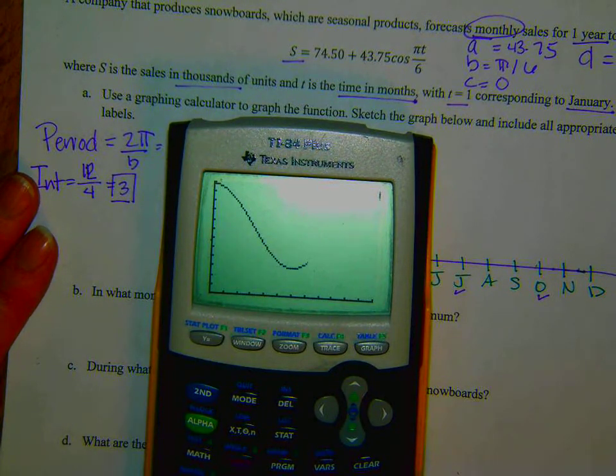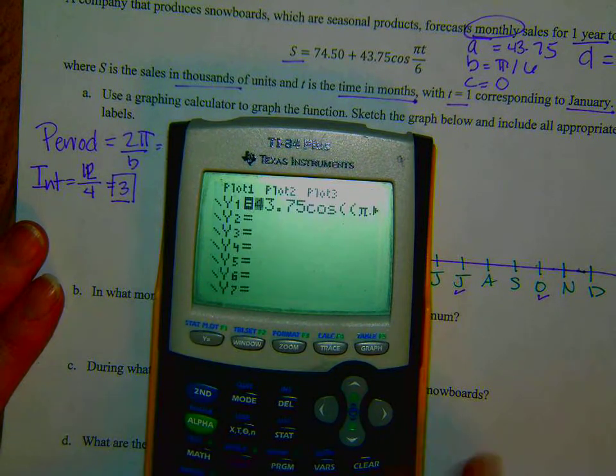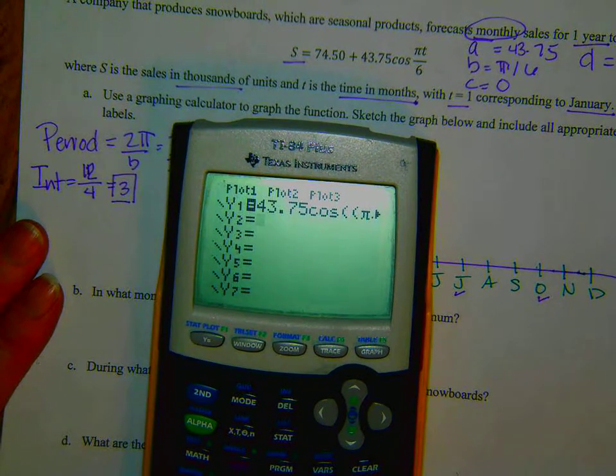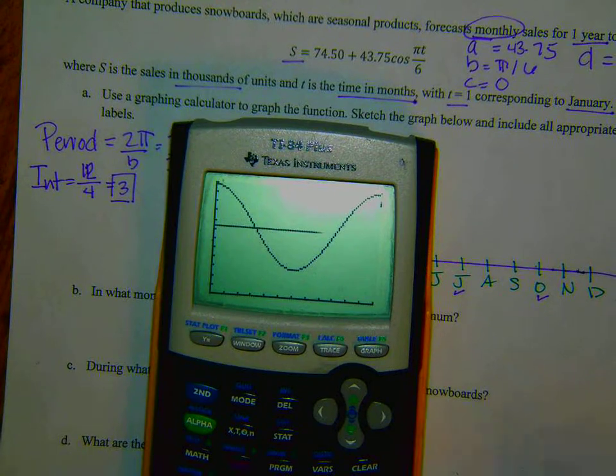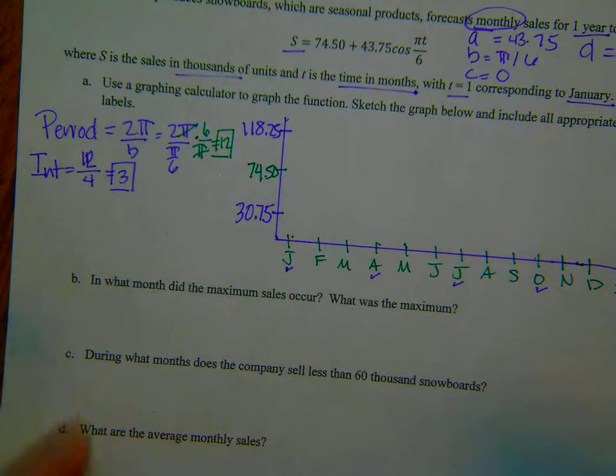We have a cosine function, exactly as we were expecting. And we can see it all. So that's fine. Now, I like to sometimes graph the d value so I can see it. The d value is 74.5. Let's graph it. There we go. You can see it. Now we're going to get another y2, so we might take that off.